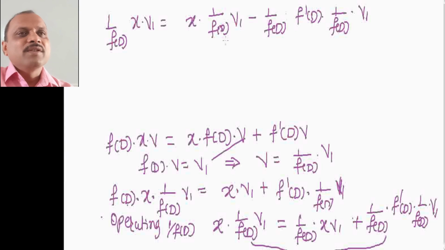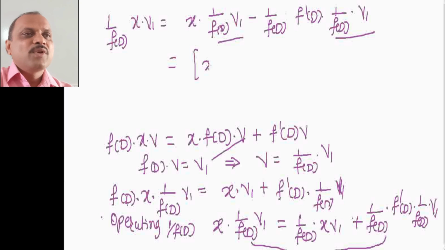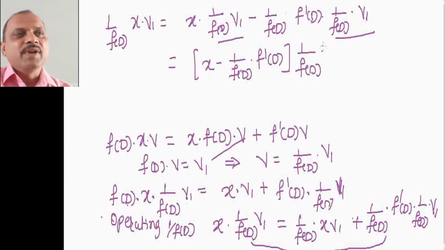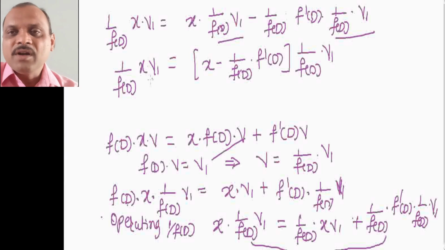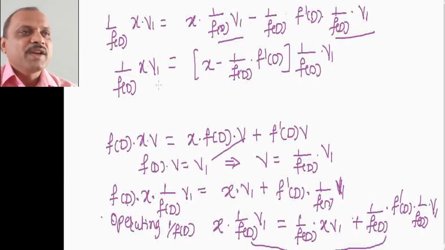Let us take common the operator 1 upon f(D) on v1, then we have x minus 1 upon f(D) into f'(D) operating on 1 upon f(D) into v1. So this is my new short method of finding a particular integral when the right-hand side of a linear differential equation is of the type x into v1.